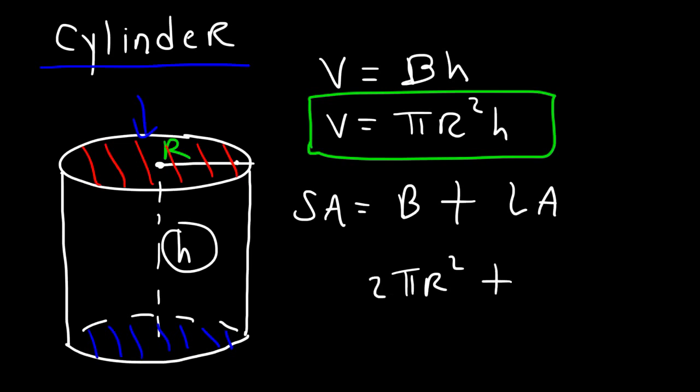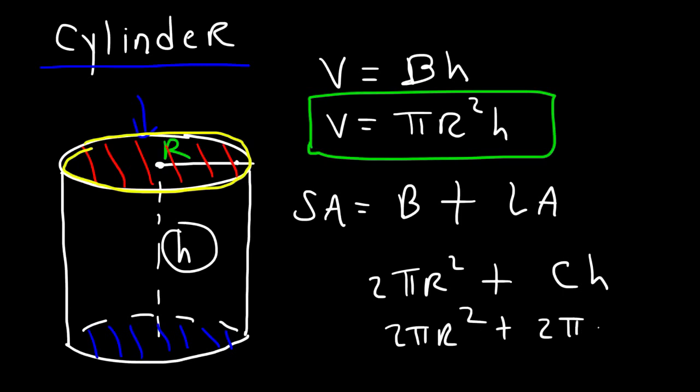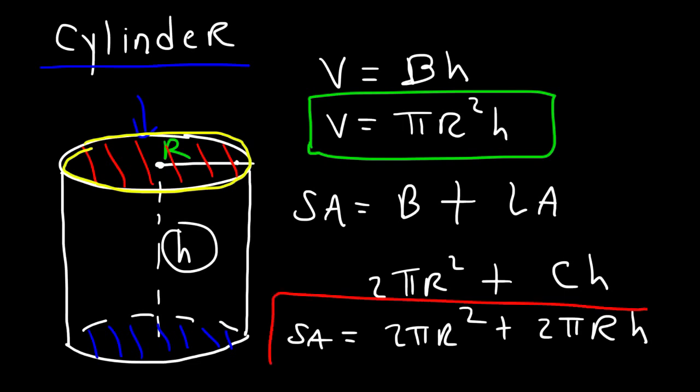The lateral area is the product of the circumference of the circle times the height. So this is the distance around the circle is the circumference. And the circumference of a circle is 2 pi r. So you could use this equation to calculate the total surface area of a cylinder.